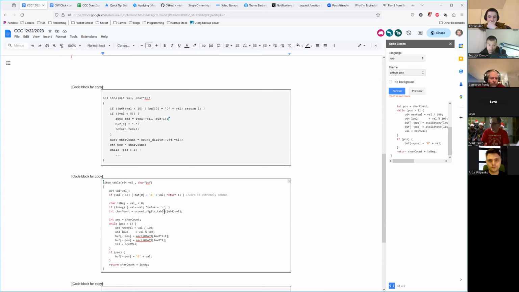Also, you have a cast to U64, but val is already a U64. Is that cast doing anything? It does work on min int. Yeah, that's one of my test cases. I'm curious what it does. I'm not ready to explain it because I just haven't looked at the code for months.